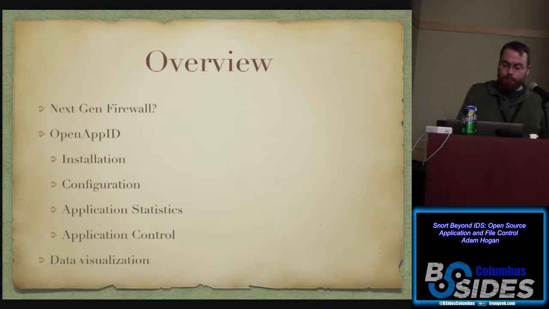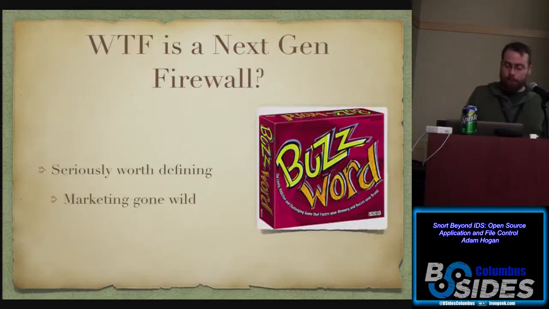So we'll talk about utilizing Open App ID, what you can do with it, and then some of the data we're going to get out of it. I think it's worth starting with the definition, because honestly, there's a lot going on here. If you were to ask any 5 NGF firewall vendors to define an NGF firewall, they would have at least 5 different definitions, most of which would probably single out theirs. So there's a buzzword that we have to watch because there's just too much of it going on.